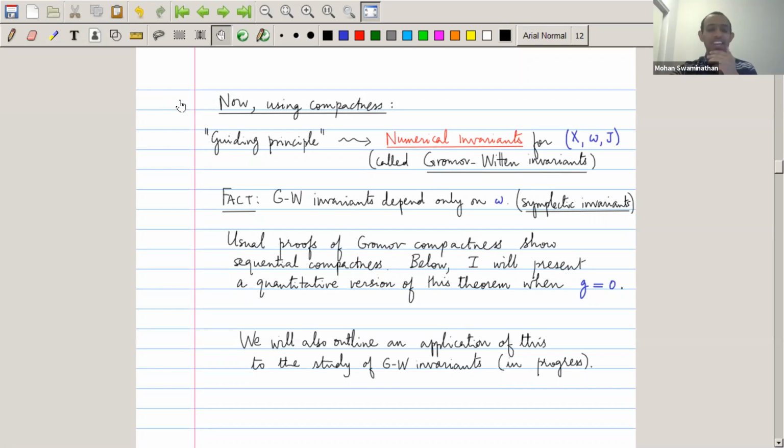Yeah. So this is particularly easy to describe. Firstly, it's easy to describe what it means for a sequence of maps from a parameterized curve to X to converge. If I have a sequence of maps from P1 to X, then I can certainly see what it means for it to converge.